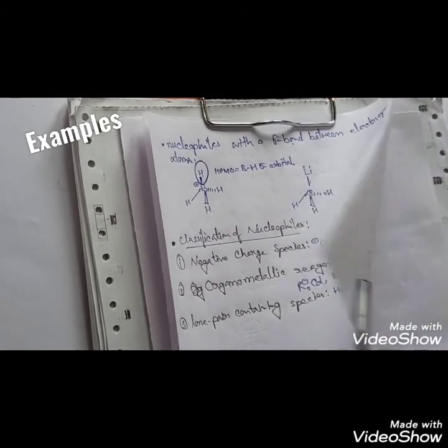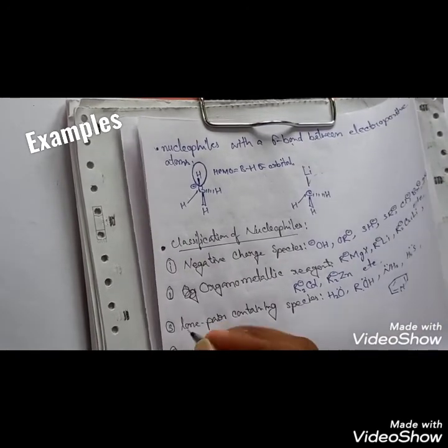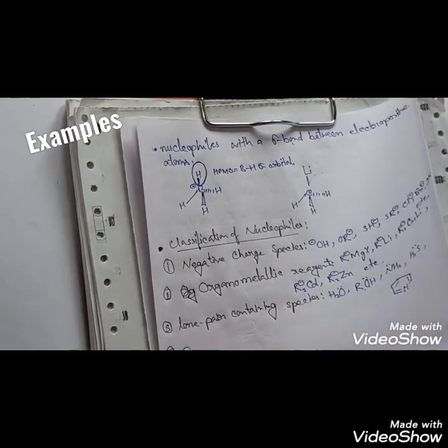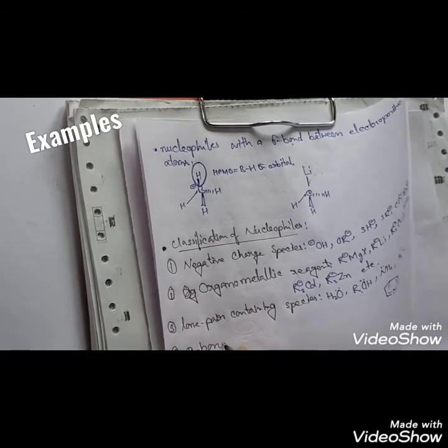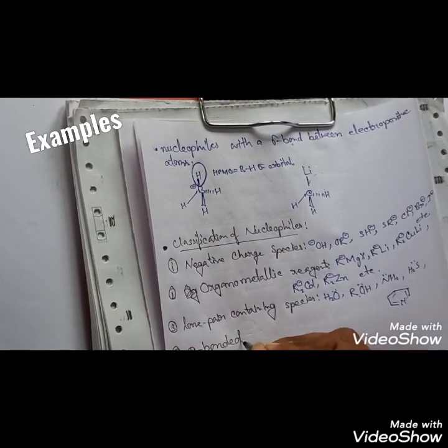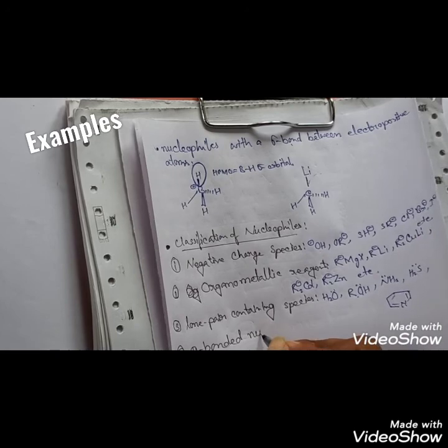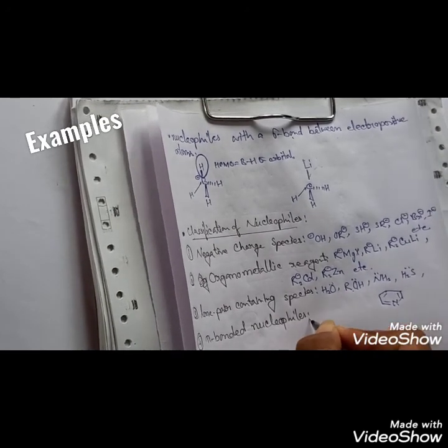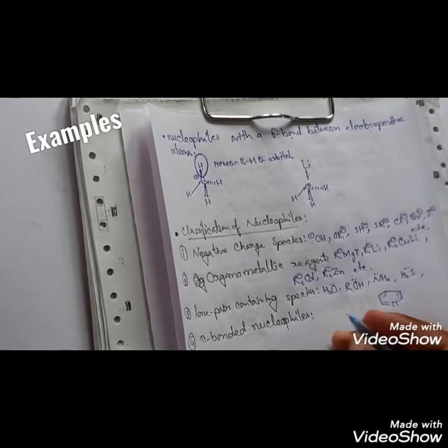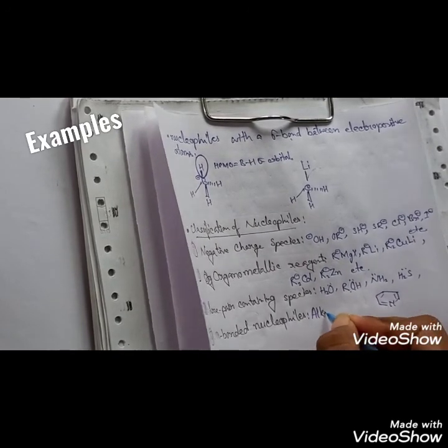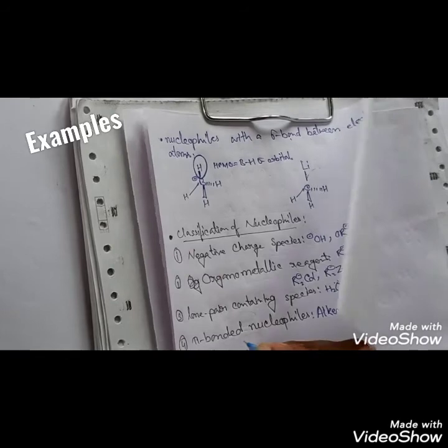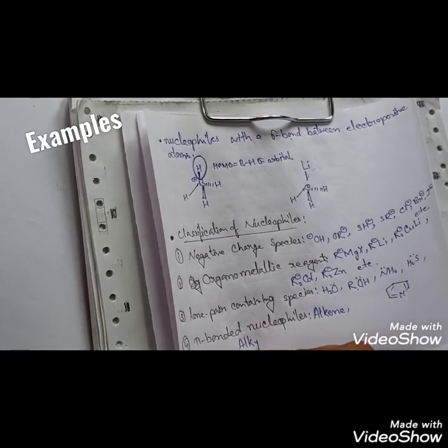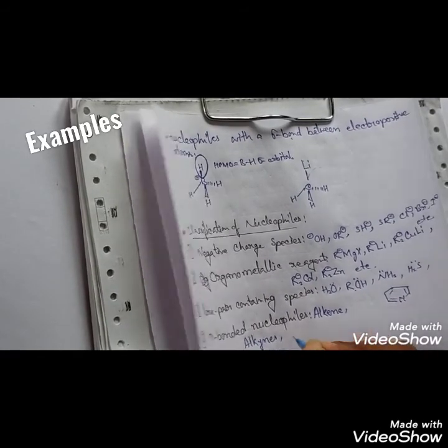And also another group is pi bonded nucleophiles. So what are these? Like alkenes, alkynes, okay.